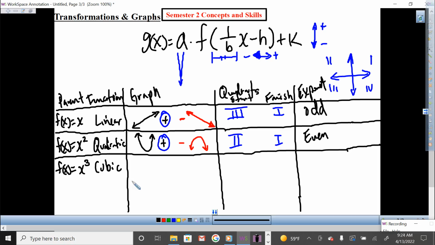And that graph, starting from the bottom to the top, looks like a little wiggle. The positive. And of course, for the negative, we start at the top, going downward. All right, so for the positive cubic, quadrant starts at what? 3 and finishes at 1. Okay. What kind of exponent? Odd.